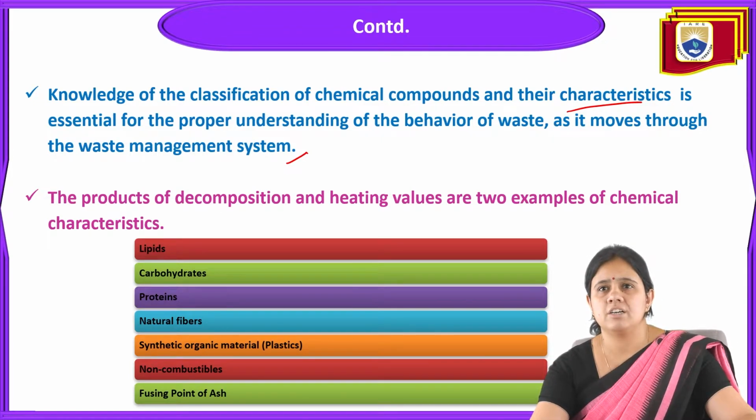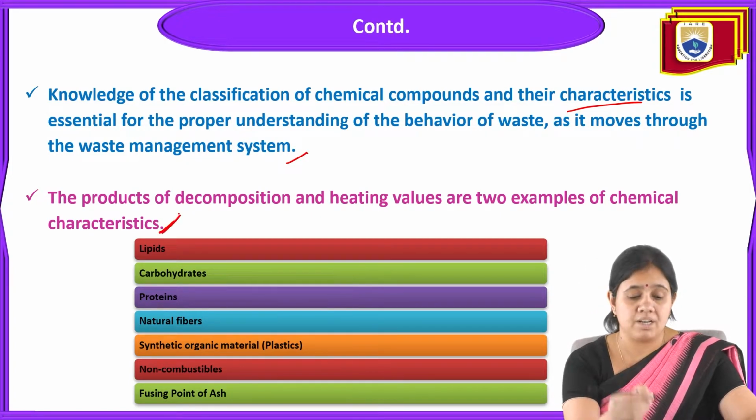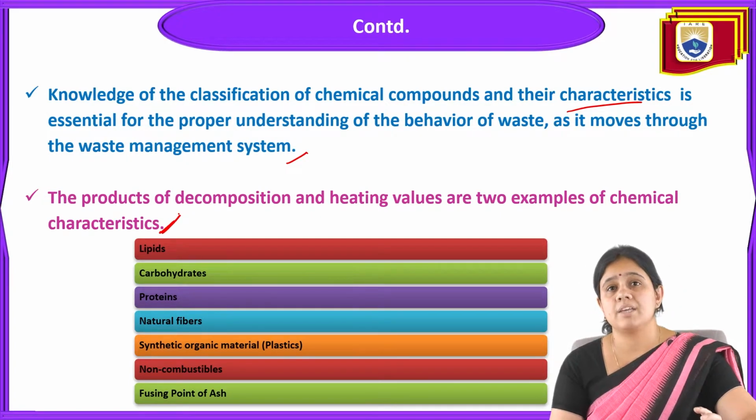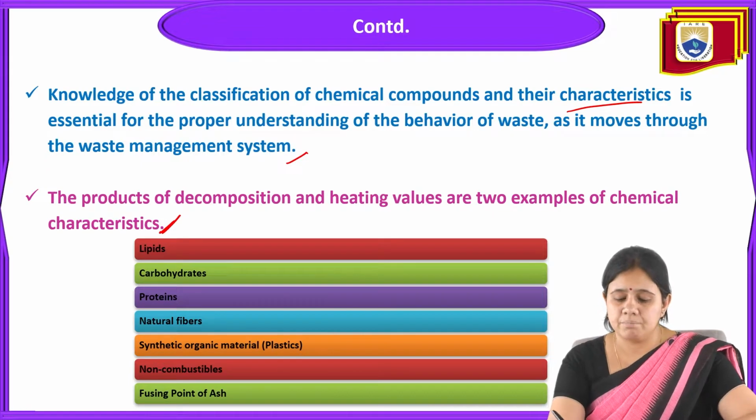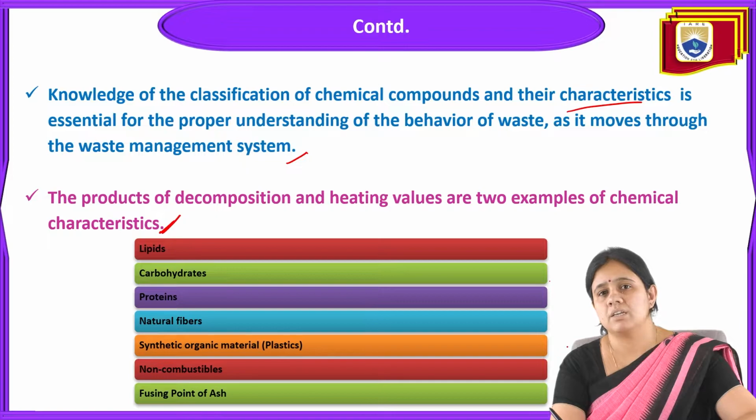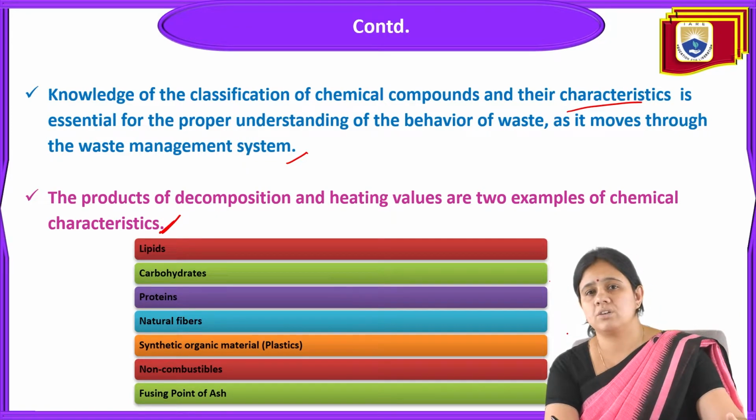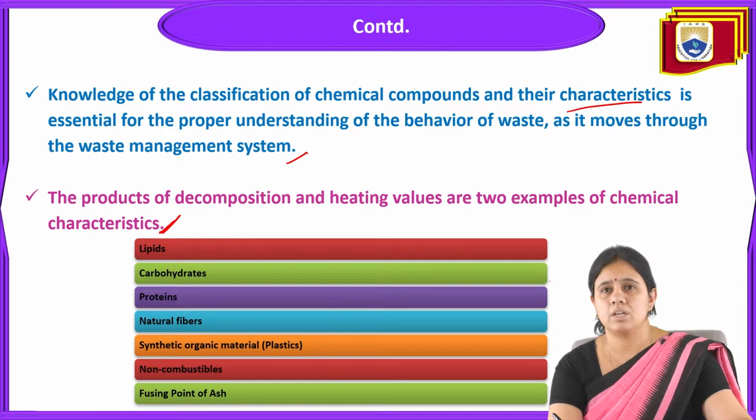The product of decomposition and heating value are two examples of chemical characteristics, which we are going to study. These define the characteristics of the waste, like lipid, carbohydrate, proteins, natural fiber, synthetic organic materials, non-combustible or combustible materials, and fusing point of the ash.